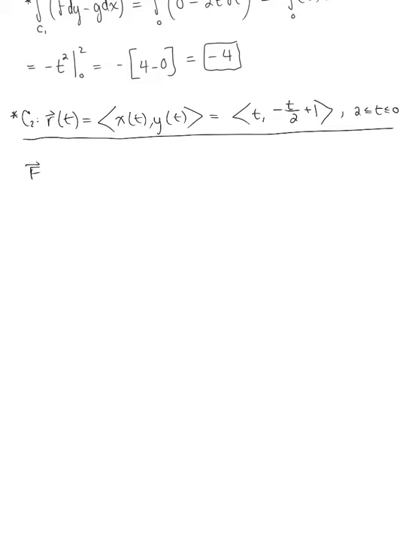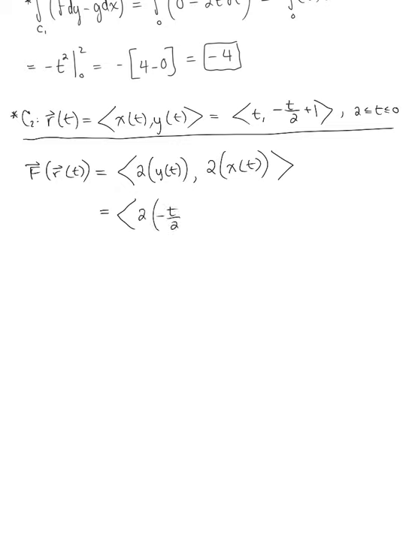So we need to parameterize the vector field. This is going to give us components 2 multiplied by y of t, 2 multiplied by x of t, and plugging in the corresponding components here, we have 2 multiplied by minus t divided by 2 plus 1, and 2 times t.